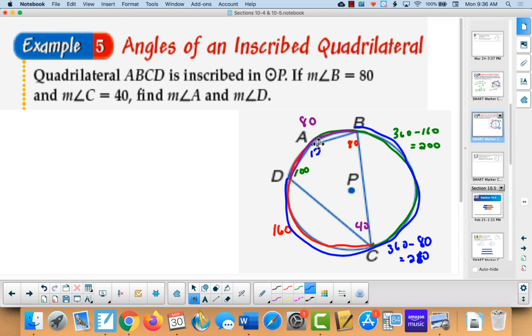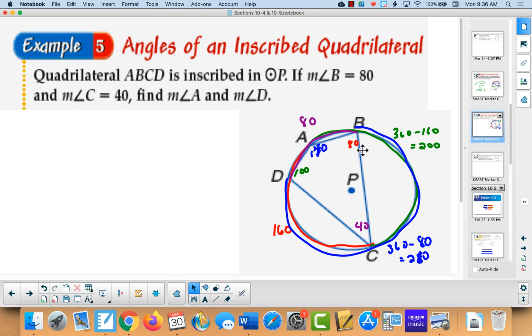And that makes this angle right here 140. So then hopefully you noticed that these two angles add up to 180. These two angles add up to 180.